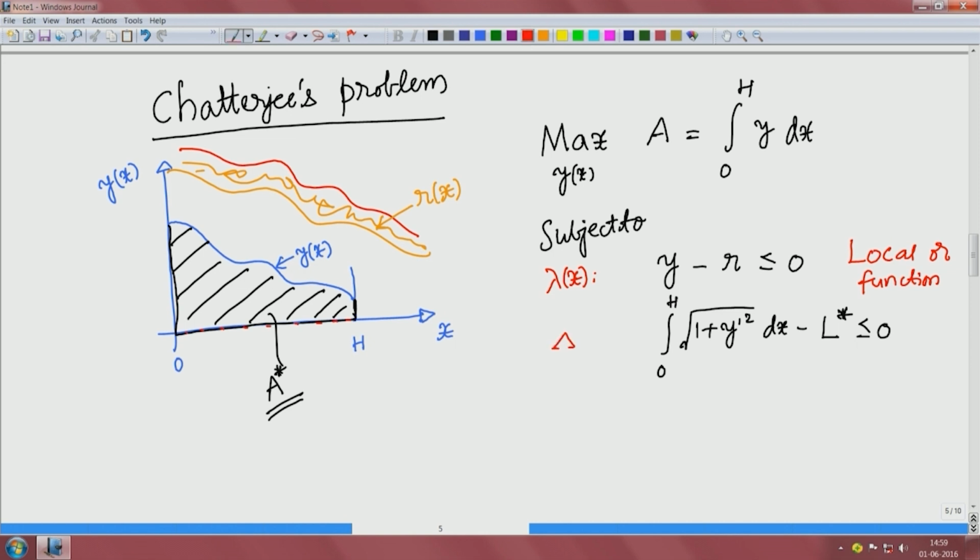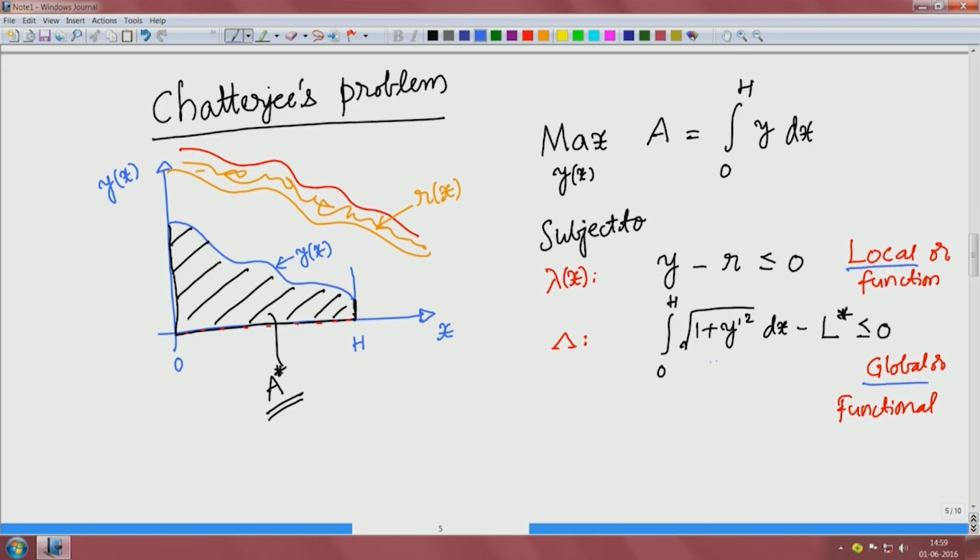This is a global constraint, right. So, this is a global constraint or a functional type constraint. Okay. So, we have chosen a problem which has both a local constraint and a global constraint.